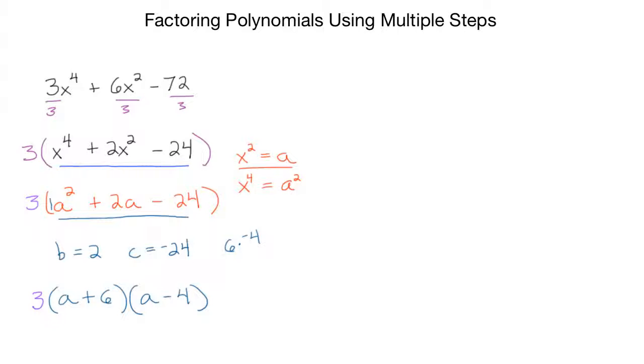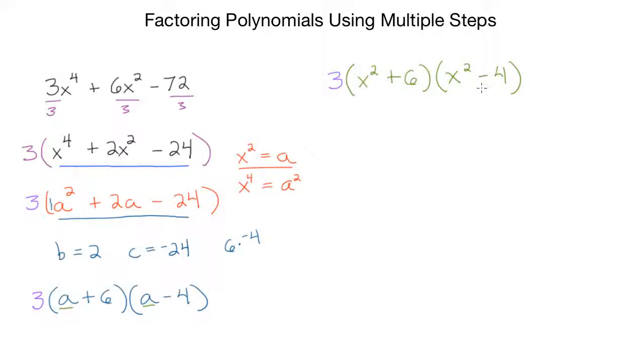We still have the 3 in the front, but now we've got x squared plus 6 and x squared minus 4. So I just substituted the x squareds back in place of a. All right, this is looking pretty good. So this trinomial is equivalent to these two binomials and that constant all multiplied together.